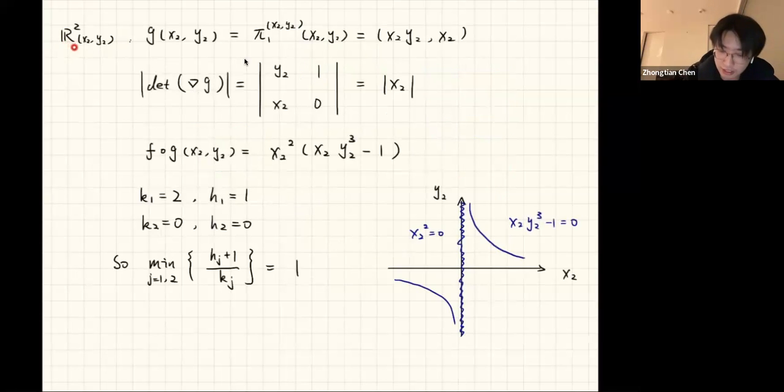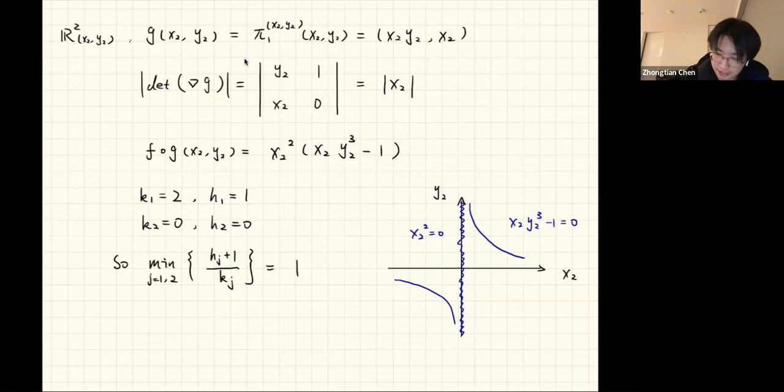On this chart, we only do 1 blowup, then G will just be pi 1, and it's given by this, and we can compute the determinant of its Jacobian, and we know F is of this form, then we can read K and H, where K1 is 2, H1 will be 1, and K2, because the second coordinate is non-vanishing, we can do a change of coordinate so that this will just be y2 squared.